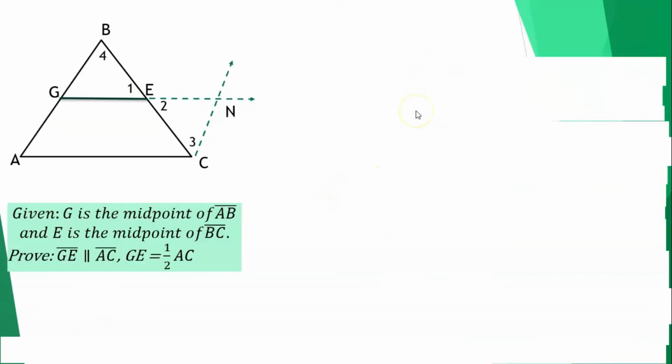Now, let's have the sample geometric proofs for midline or mid-segments. Given this triangle ABC here, G is the midpoint of segment AB and E is the midpoint of segment BC. Prove that GE is parallel to AC, and at the same time, it is indeed 1/2 of AC.